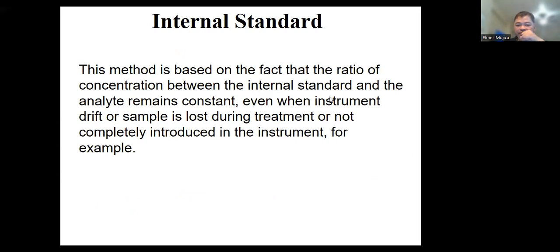Whenever there are occasions where your signal from the instrument fluctuates, what will happen to your result?